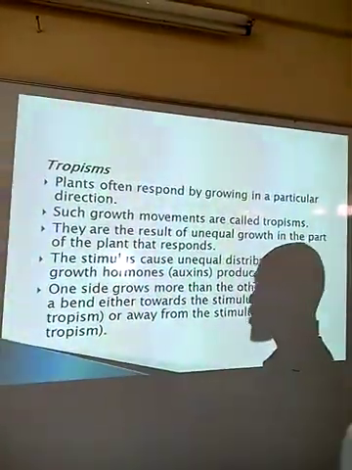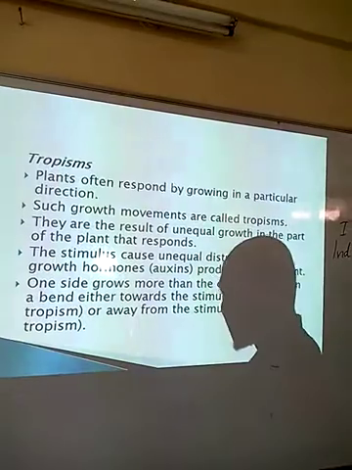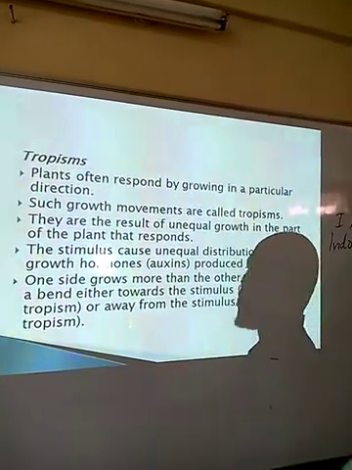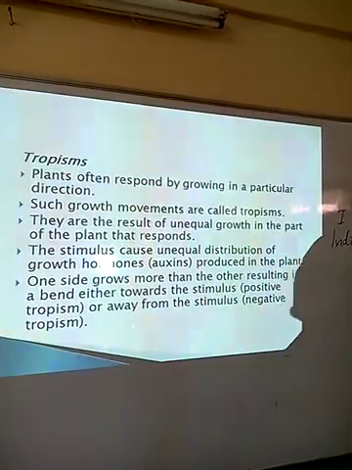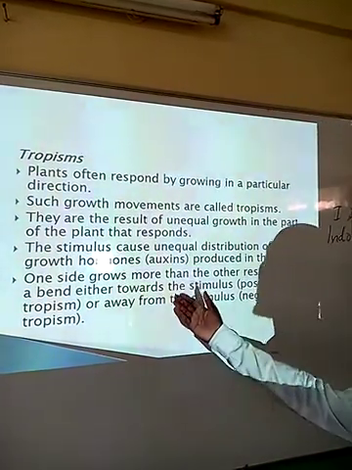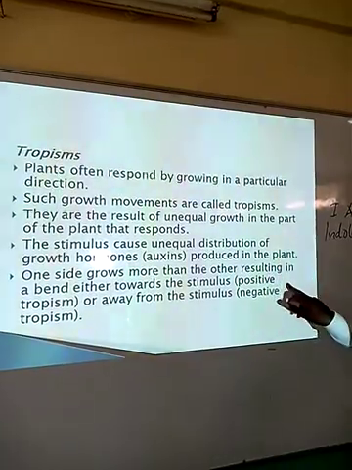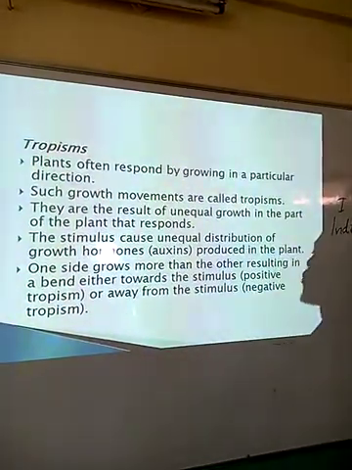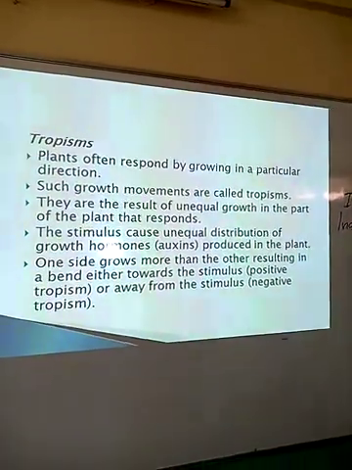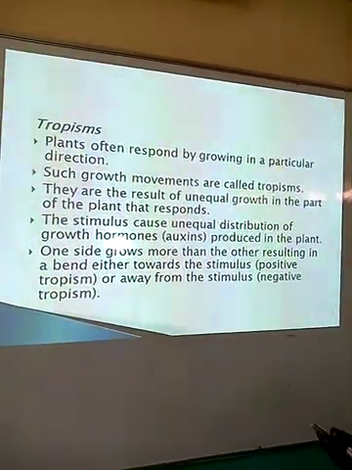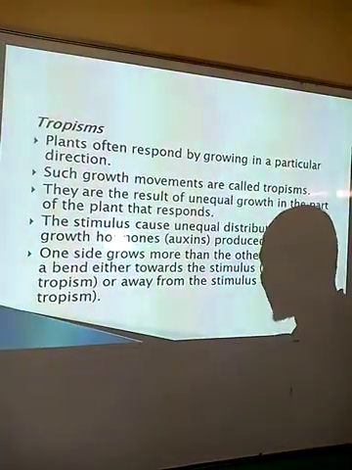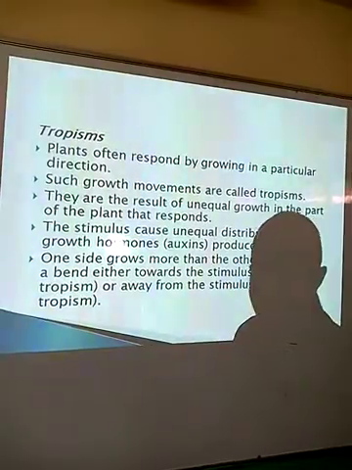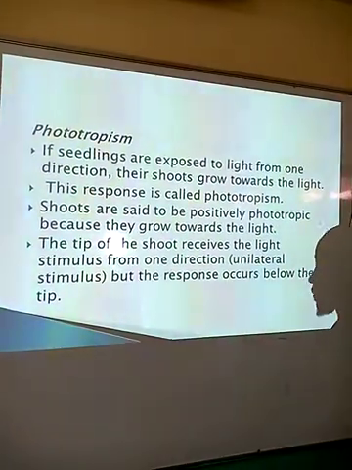This hormone is produced at specific points, that is the growing shoot and the root. One side grows more than the other, resulting in a bend either towards the stimulus, which is positive tropism, or away from the stimulus, what we call negative tropism.